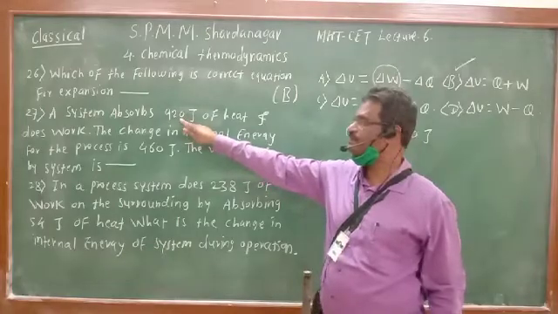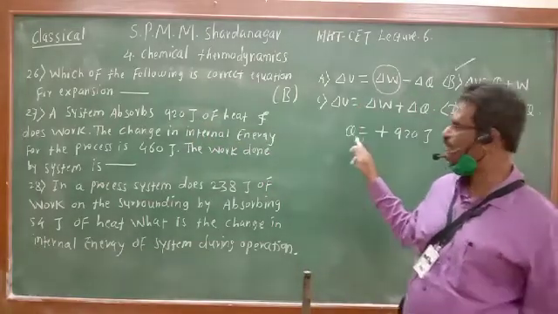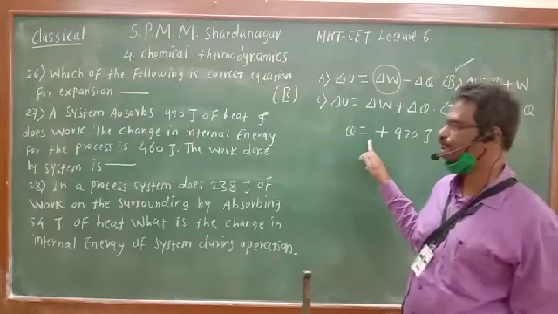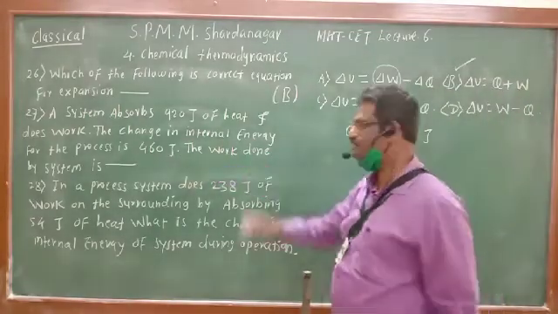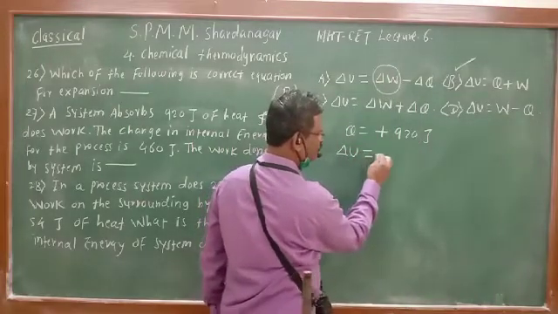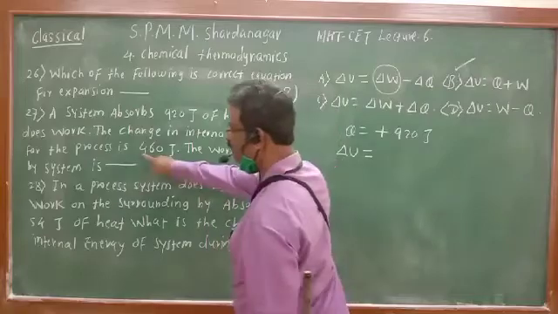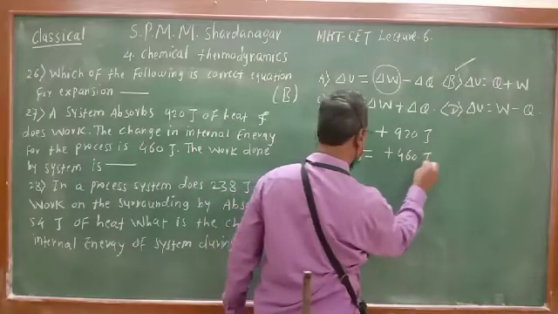Absorption means heat is absorbed, therefore Q is plus. We have studied the sign conventions. The change in internal energy for the process is 460, so delta U is equal to plus 460 joule.